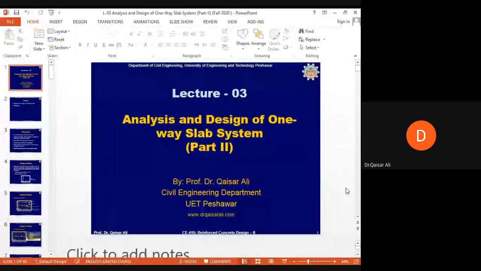Can you repeat your question? You have seen a beam in a video where it was simply supported, and there was main reinforcement.